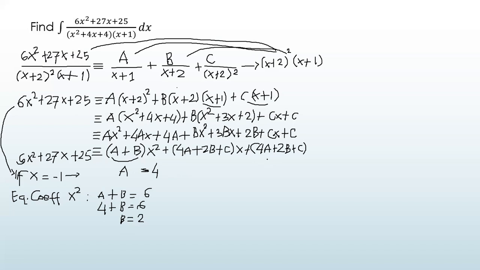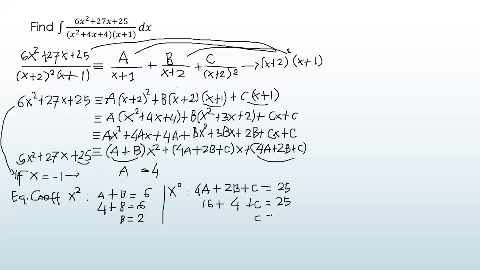Now we're going to find c. Based on equating coefficients, the constant term, the coefficient of x to the power 0: 4a plus 2b plus c equals 25. A equals 4, it means 16 here, plus 2 times 2, 4, plus c equals 25.